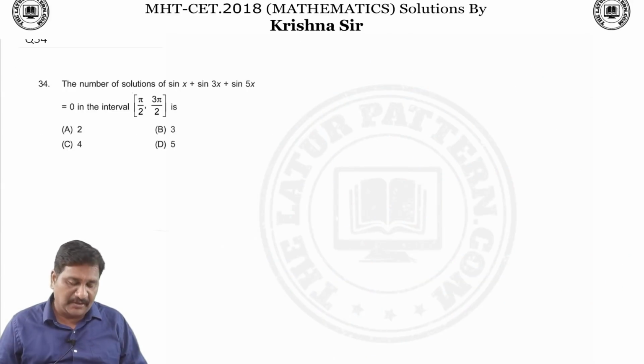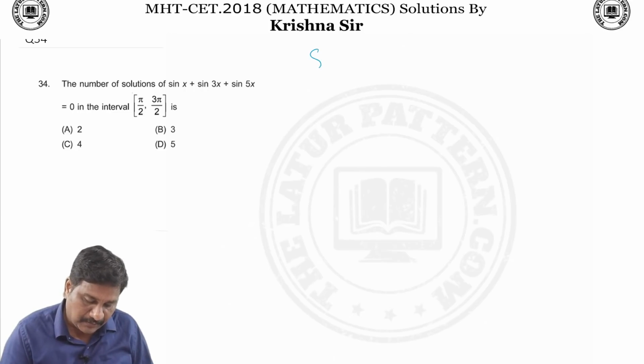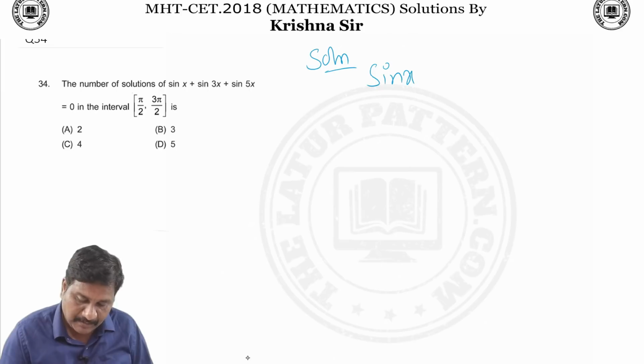The solution of question number 34. The number of solutions of sin x plus sin 3x plus sin 5x, which is equal to 0.